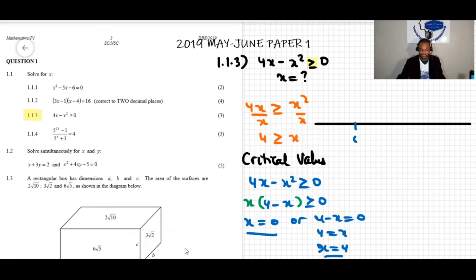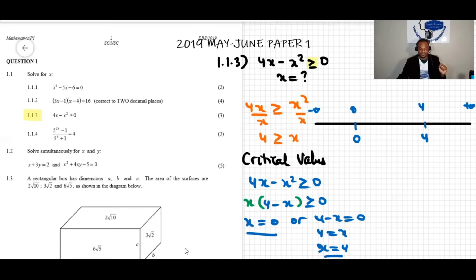So let's say 0 is here, because there must be an ascending order, and 4 there. Now, the critical values divide the number line into 3 intervals. The first interval is from negative infinity to 0, the next interval from 0 to 4, and the last interval from 4 to positive infinity.